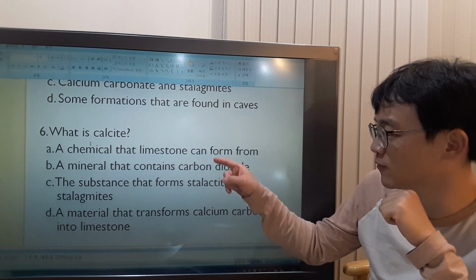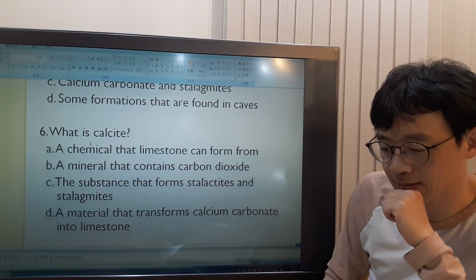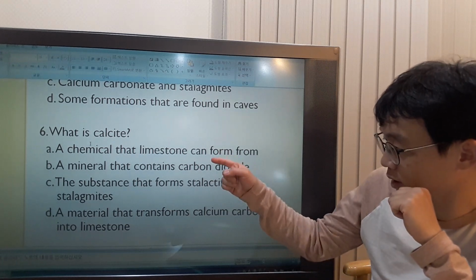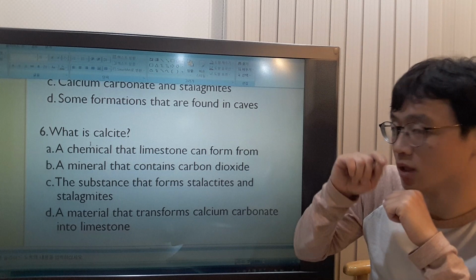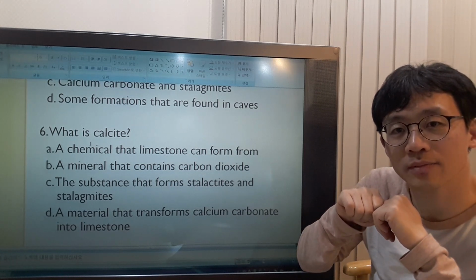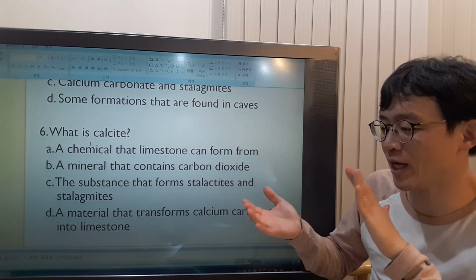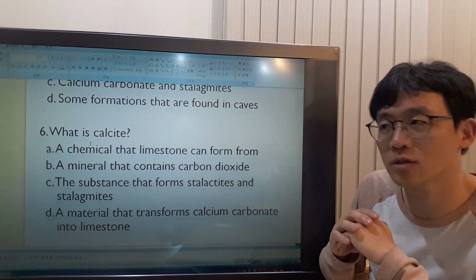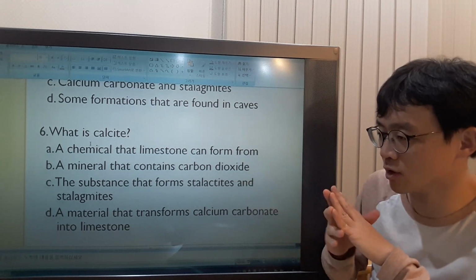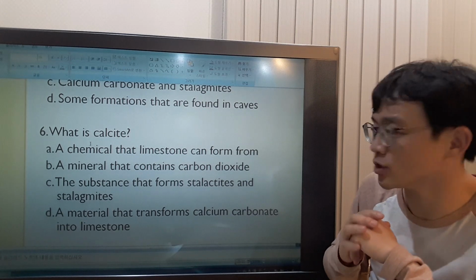If those kinds of options are in the question, those options are not the answers. You understand? Because you don't have to have background knowledge. It's strictly by the content of the passage.